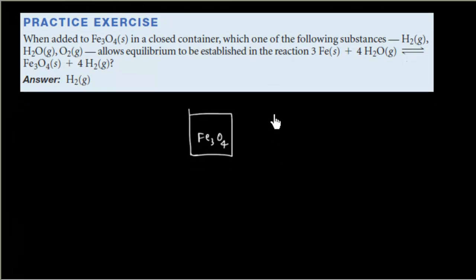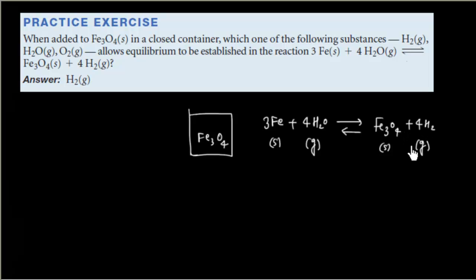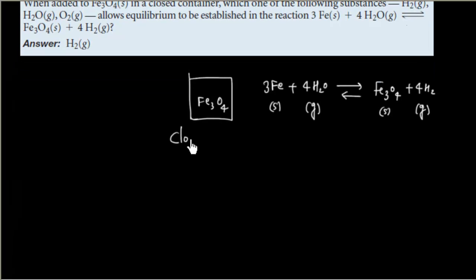So the reaction is given, we have this equilibrium reaction, 3Fe solid plus 4H2O gas, in equilibrium with Fe3O4 solid plus 4H2 gas. It says in the closed container I have only Fe3O4. If I want to achieve this equilibrium, I have to have something that can react with Fe3O4, and the reaction should come in the backward direction because Fe3O4 is on the right side.